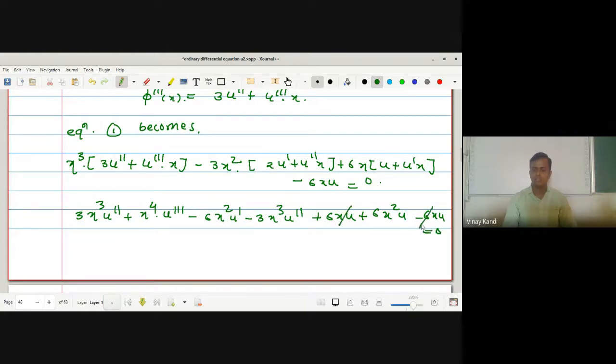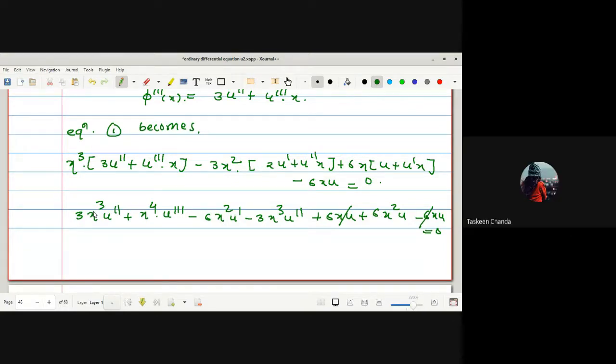This plus gets minus gets cancelled. What comes next? Wait a minute, solve and see what comes. x raised to 4 u triple dash equals to 0.